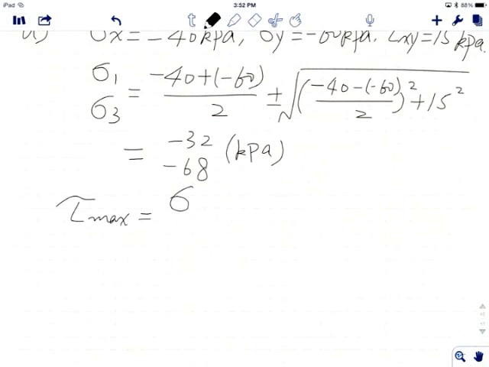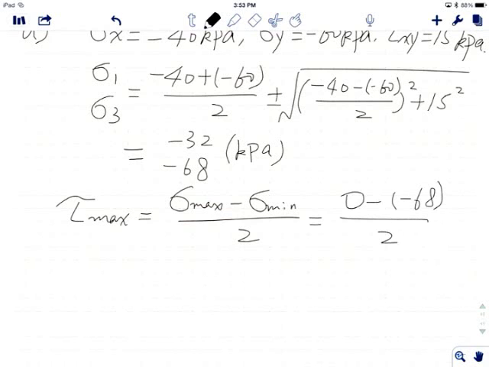The tau maximum shear stress is supposed to be that, right? Then we'll get rid of all the confusion. Alright, maximum minus minimum. Maximum is 0, minimum is negative 68. Divide by 2, that's going to give me 34.